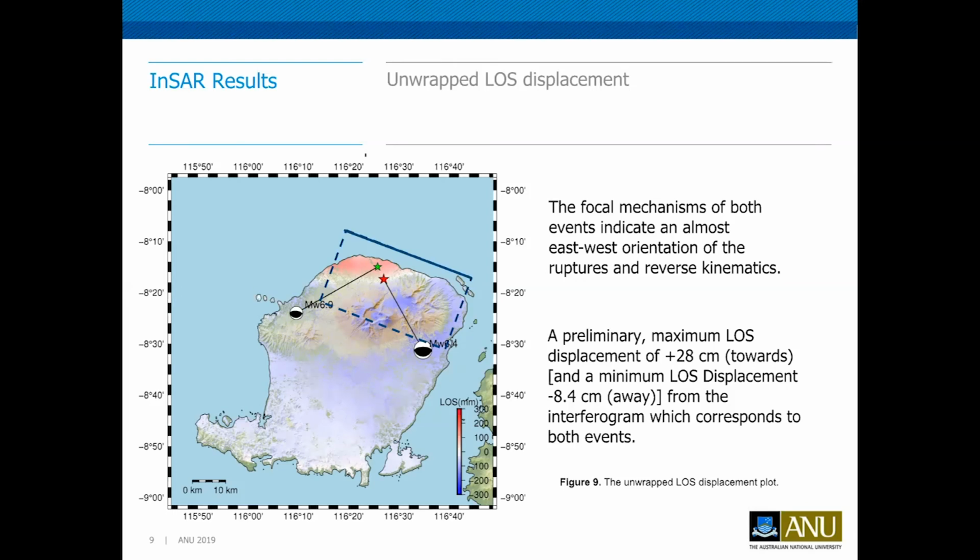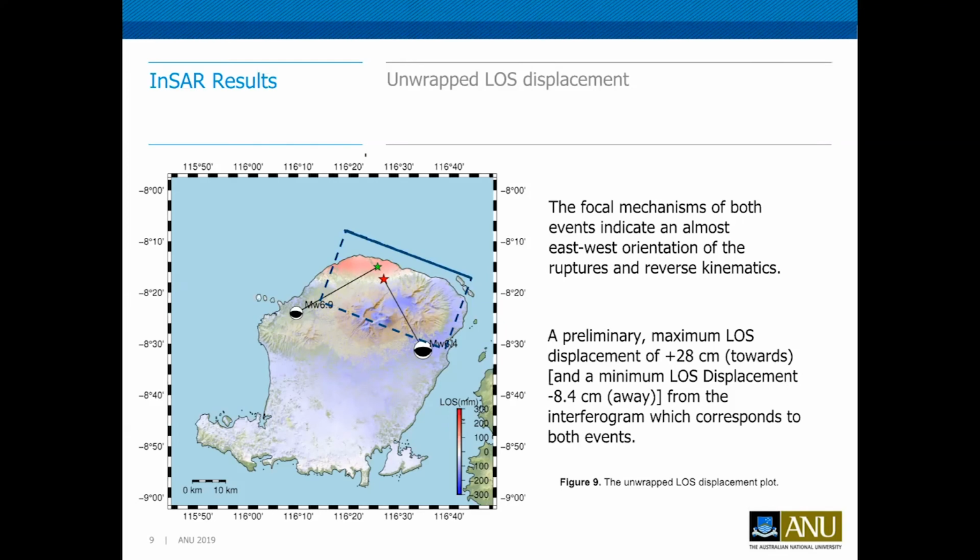In terms of the future plan, there are a lot of things we can do. The first thing we can do is to create an elastic fault model here, shown as the blue lines, which is part of the Flores fault zone.